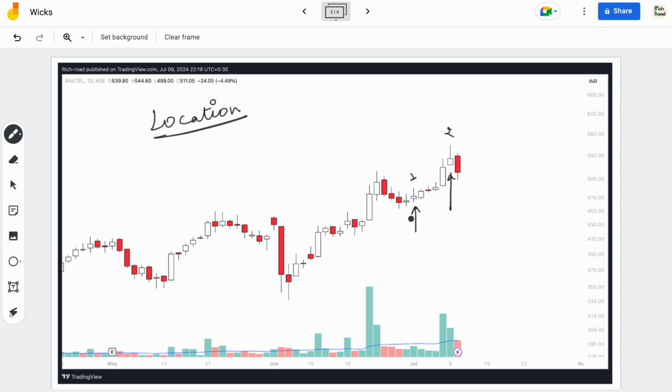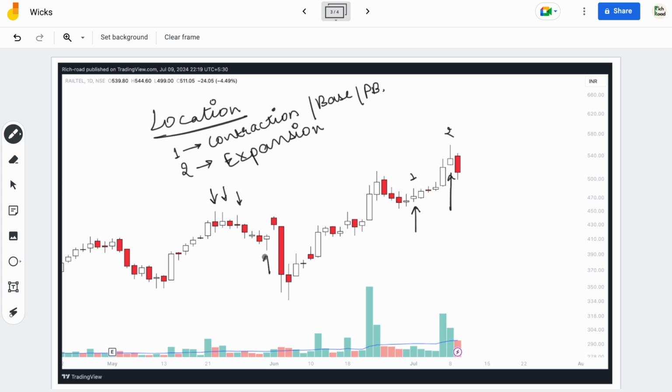So when I talk about one, the number one wick is within what? Contraction or base, whatever you may call it, or a pullback, whatever you wish. Number two is what? A part of expansion. And that makes a lot of difference. See these wicks. See this wick.